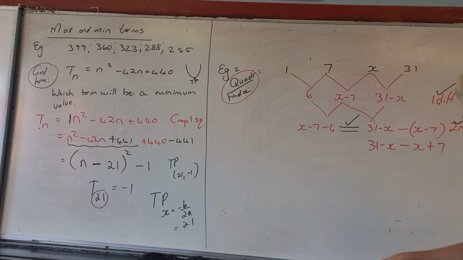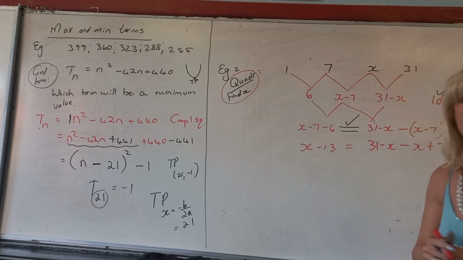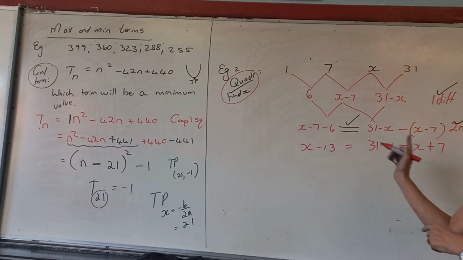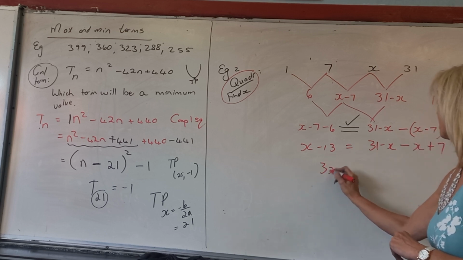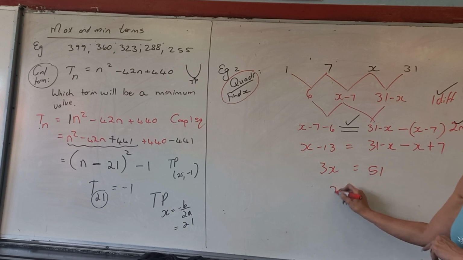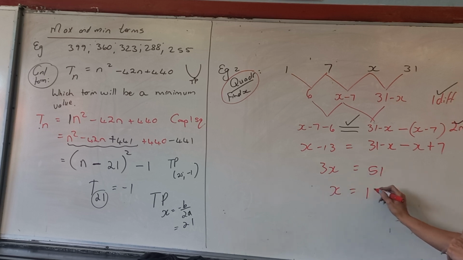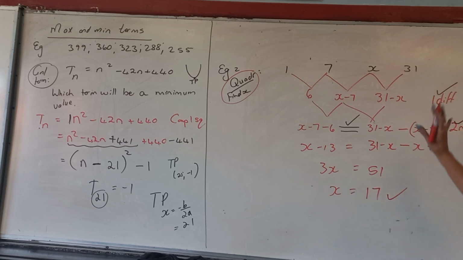Now what type of a sum is this? Linear. How easy peasy is that? So get the x's to one side, however you want to do it. 51 if I'm correct. And divide by 3 gives me 17. And that's it. So this sum would have been something like 4 marks.